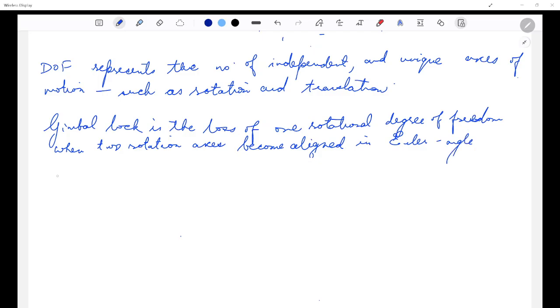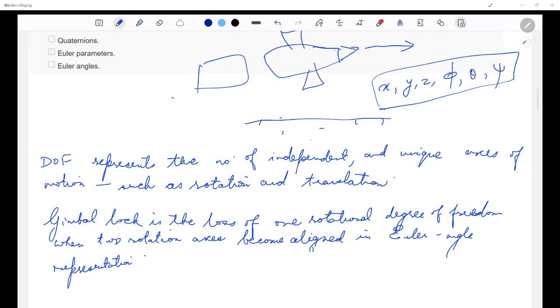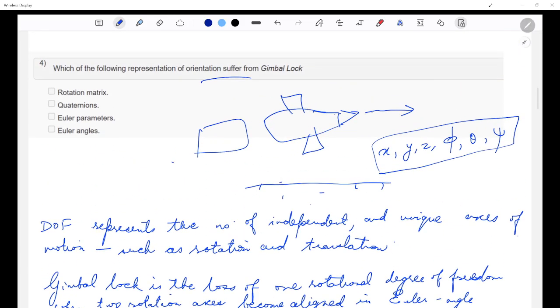So the best example is that of aircraft, right? And what happens? So let's say your aircraft is flying. Okay. So it can have XYZ motion. Apart from that, it can roll, pitch, and yaw, right? So what is meant by rolling?